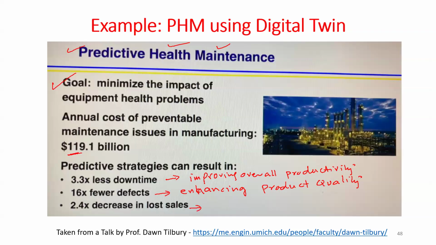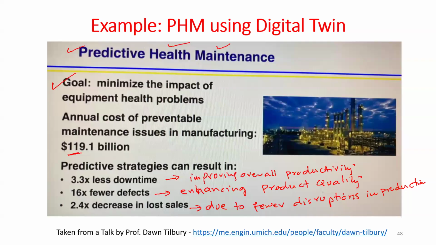Why does this decrease in lost sales happen? It is due to fewer disruptions in production, because we have managed the above two factors.